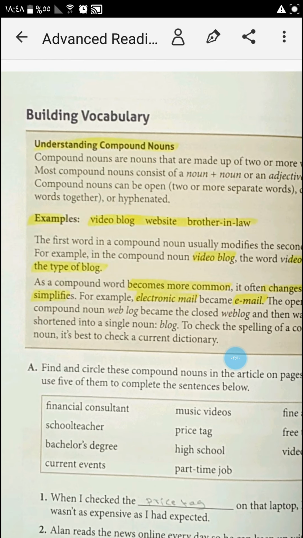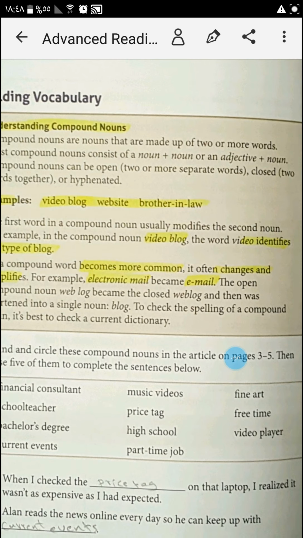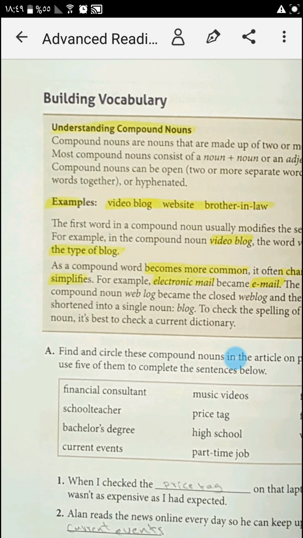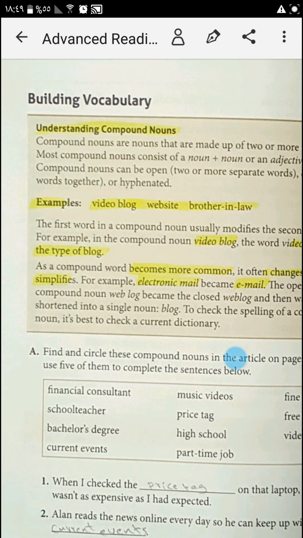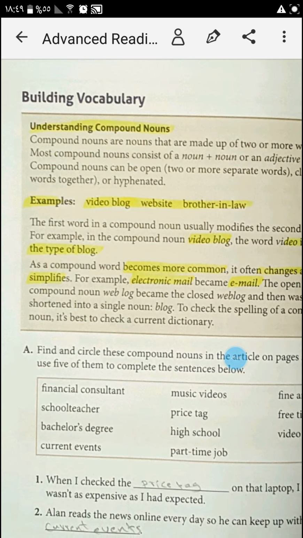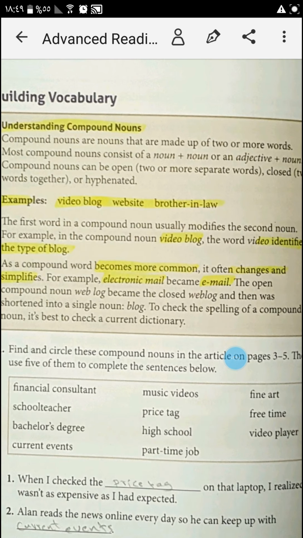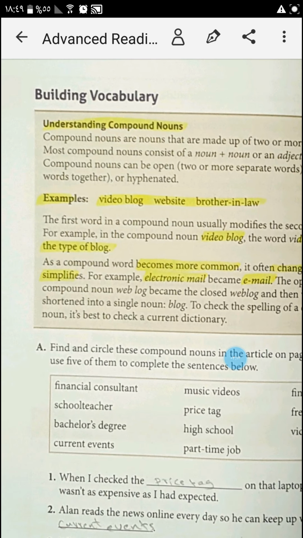A compound noun can be open, 2 or more separable words; closed, 2 words together; or hyphenated. So here we are talking about the compound noun, الأسماء المركبة, and they can be noun plus noun, or adjective plus noun, صفة زائد اسم أو اسم plus.